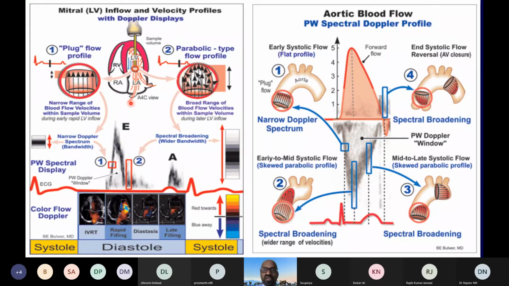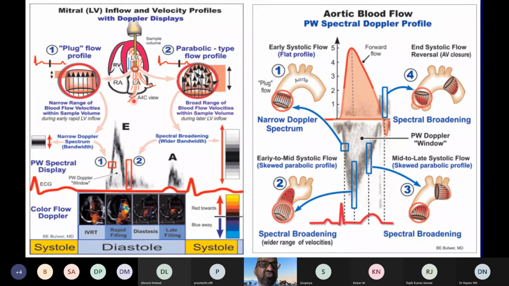I'll come to that in the next few slides. So just to remember, when the velocities are low, you should use pulse wave Doppler. When the velocities are high, you should use continuous wave Doppler.